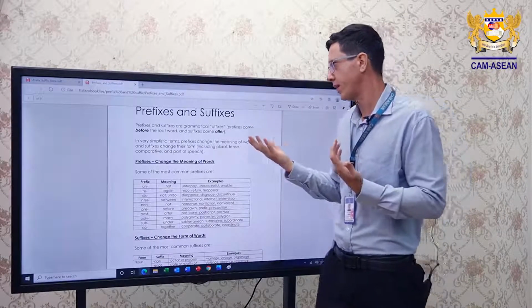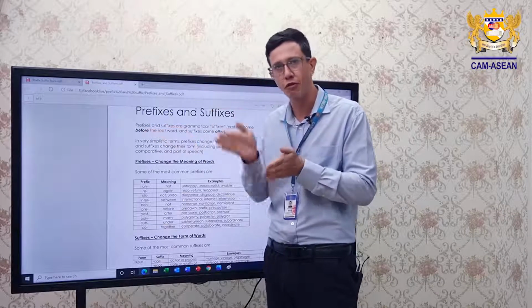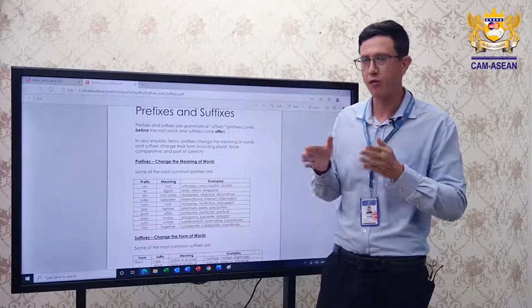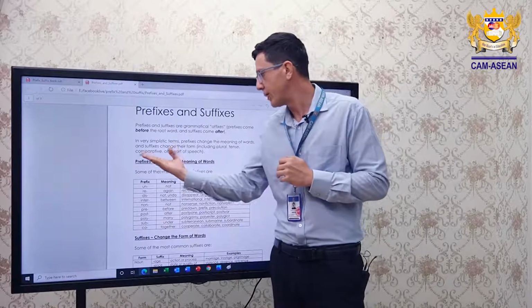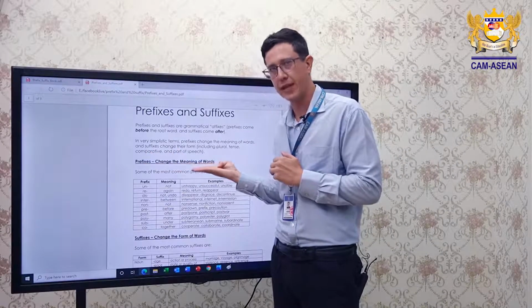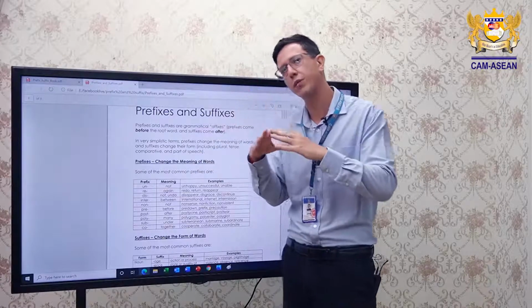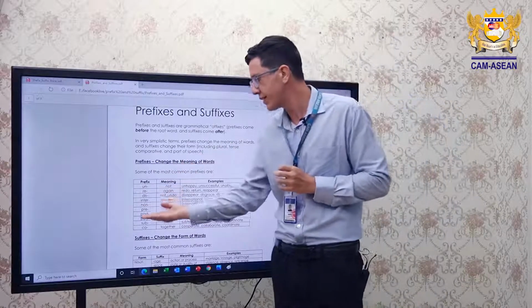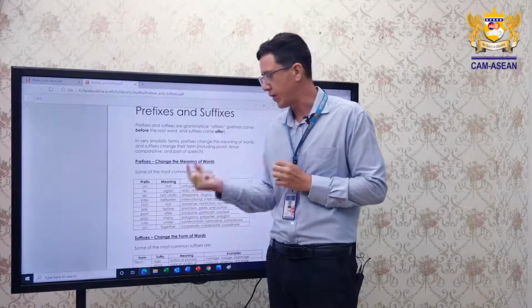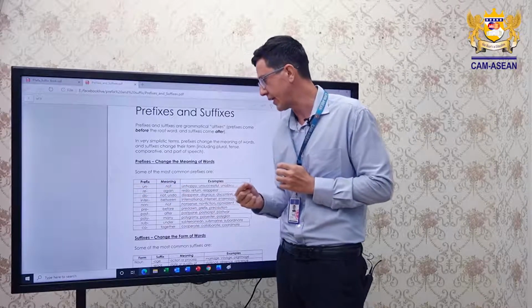Now, let's look. If we use a prefix, meaning before our main word, it means we're going to change the meaning. Okay, so we use the root word, that's what we call the main word, and we use a prefix to change the meaning. Pre means before, so before the word to change meaning.